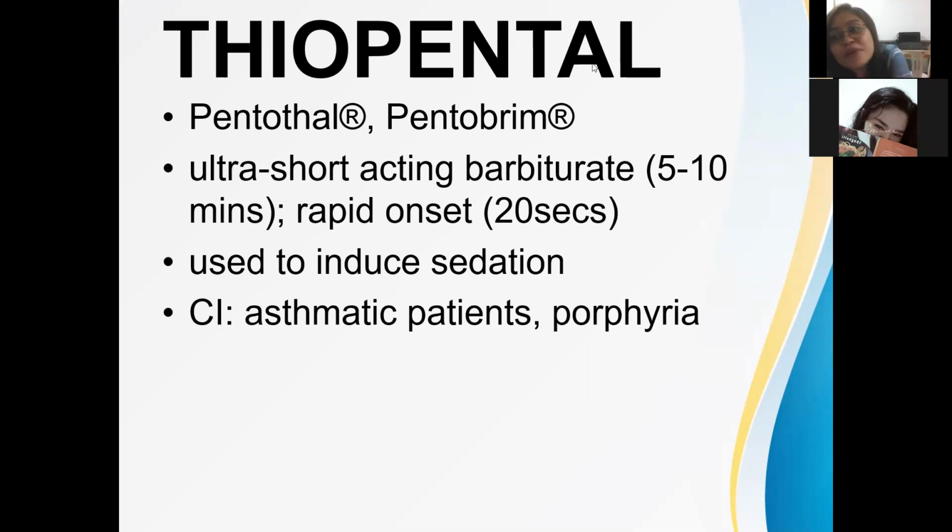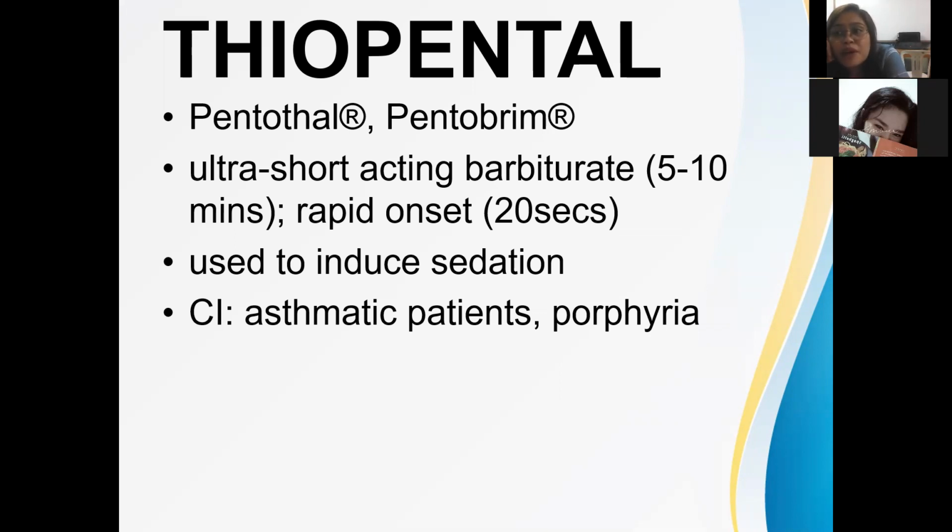This is a board exam question. This is always a question in the board exam, I mean in the exams in preparation for the board exam. Thiopental is always included because it is different from the other barbiturates.